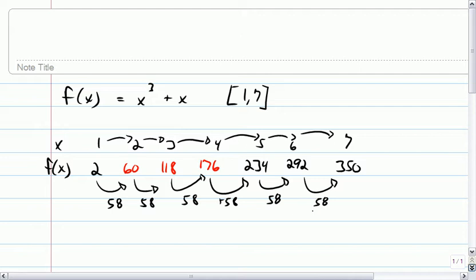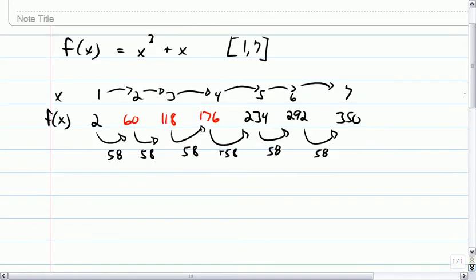So average rate of change just says, hey, if I added or subtracted the same amount every time x increased by 1, what would that amount be? So that if I started at 2, I would end at 350. Really the computation just ends up going, well, I know I'm going to end at 350, and I know I started at 2, so that's a difference of 348.